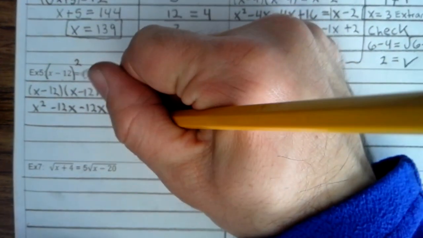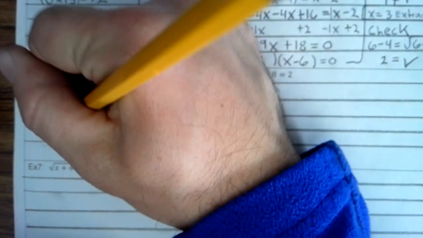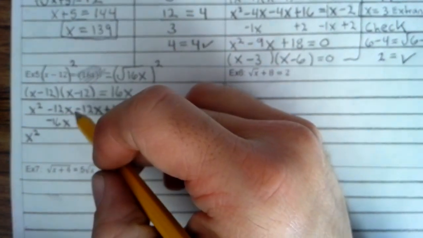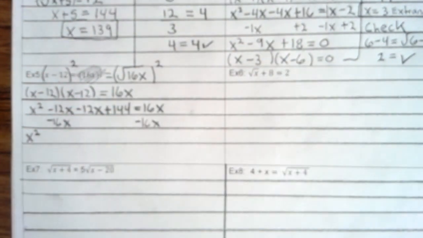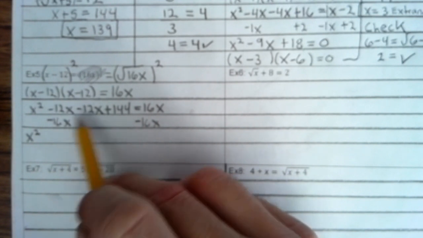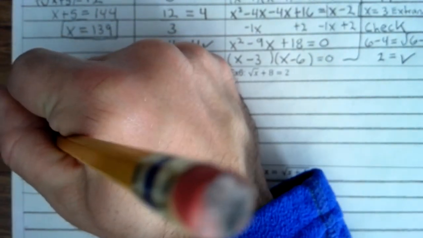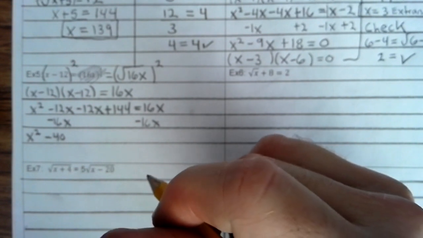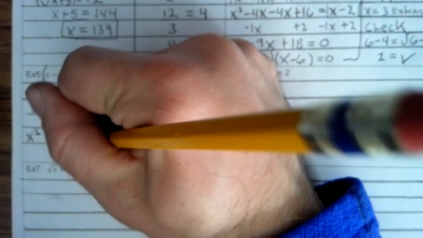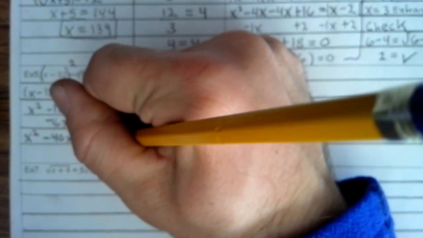We need to subtract 16x from both sides. So you get x squared minus, negative 24 and negative 16 is negative 40, x plus 144 equal to 0.